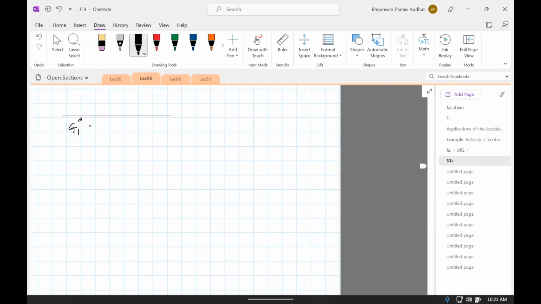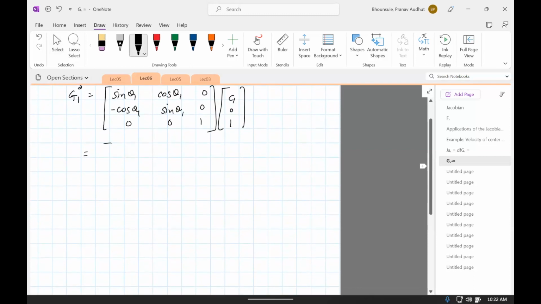So G1 in frame 0 is as follows: sine theta 1, cosine theta 1, minus cosine theta 1, sine theta 1, 0, 0, 0, 0, 1, times C1, 0, 1.